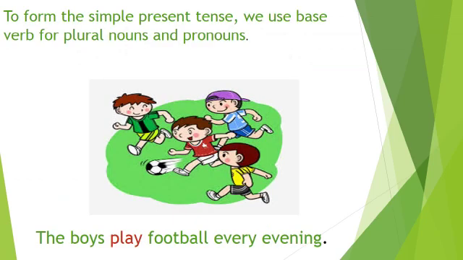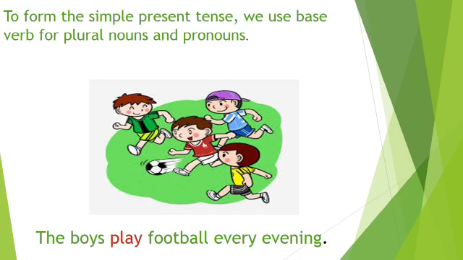Now children, to form the simple present tense, we use the base verb for plural nouns and pronouns. So with plural nouns or pronouns, we will not add any s or es to the verb. We will leave the verb as it is. Like in this example, the boys play football every evening.